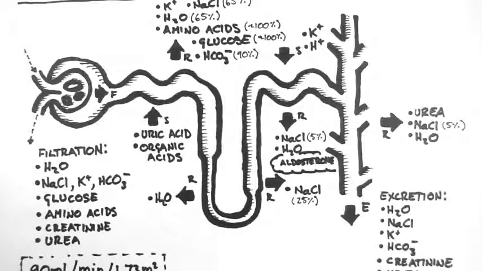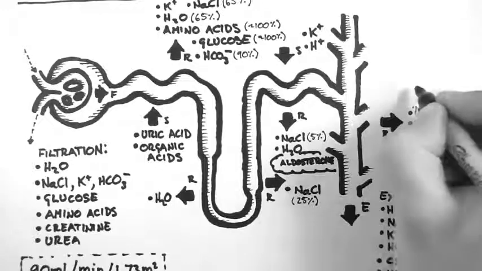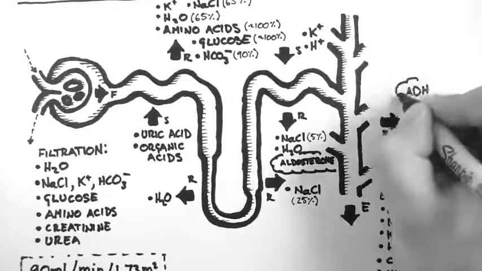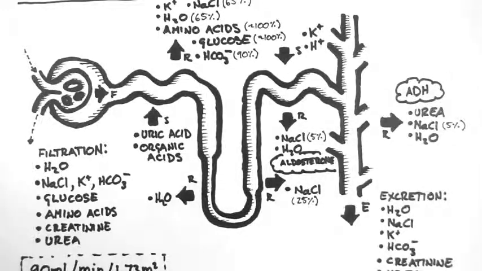And this acts on the distal tubule and increases the rate of water reabsorption. The other is antidiuretic hormone, also known as vasopressin, which is released from the posterior pituitary, and this causes more water to be reabsorbed by the collecting ducts. Both these hormones act when the body is in a state of underhydration and needs to retain water. And that's an overview of the function of the nephron.